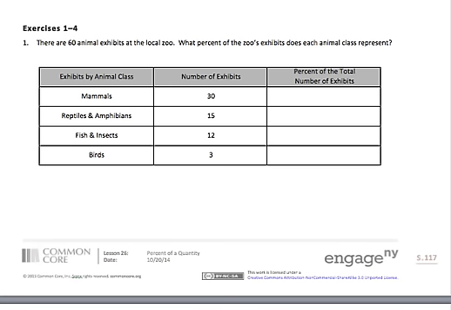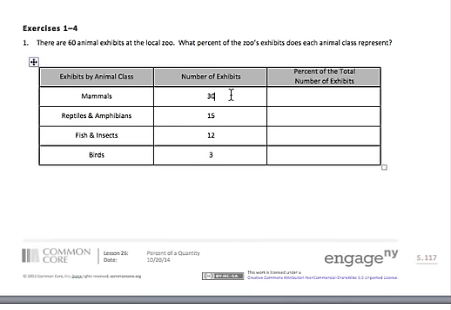In exercise 1, we've changed our numbers a bit in our examples, and now we're talking about the animal exhibits at a local zoo. They're asking what percent of the zoo's exhibits each animal class represents. First of all, the important numbers start out with the total number of animal exhibits, which they gave us in the introduction. There are 60 animal exhibits. So each of these individual animal exhibits are out of 60.